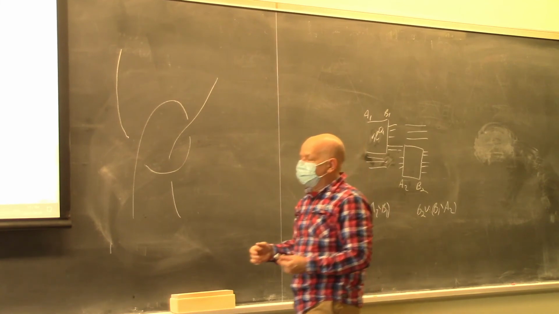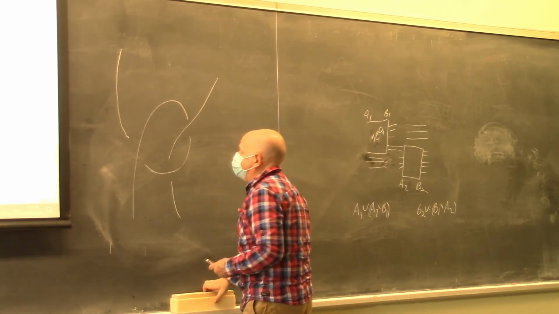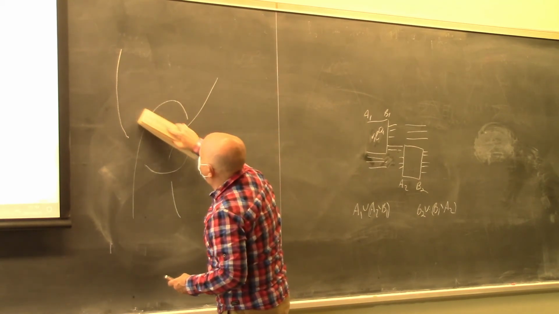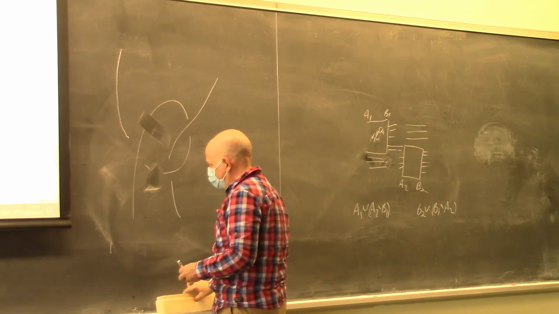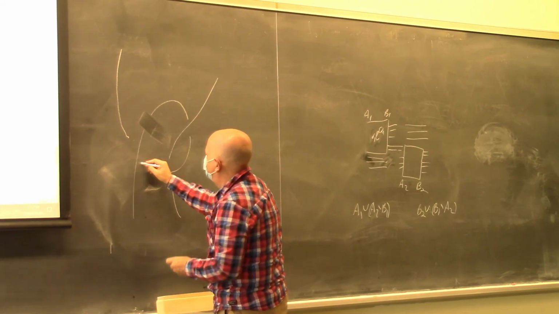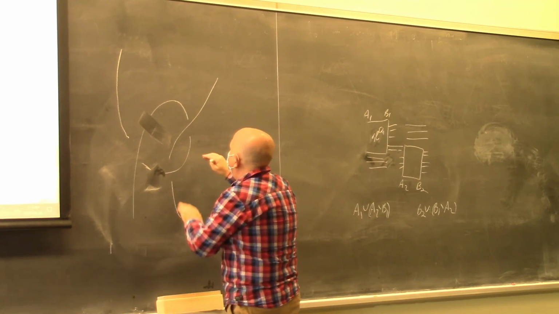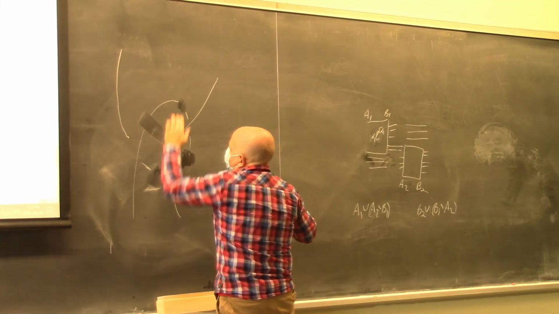So to write it as a product of generators, I need to cut. So I cut here, I cut here, I cut here, and I cut here, and I cut here.